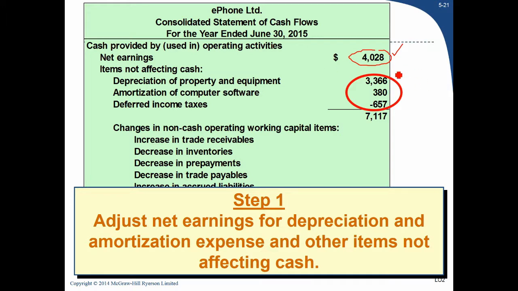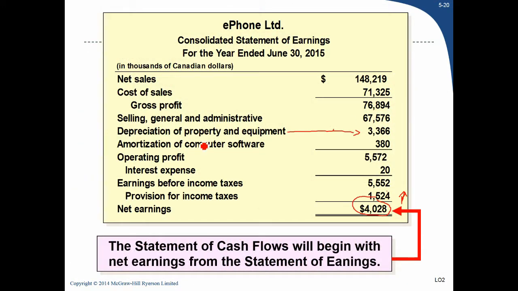Now, if you're wondering where these numbers are coming from, we'll just look back here. We have depreciation and amortization, and these are non-cash expenses. So we're trying to say, okay, if we didn't book these expenses, let's assume every other transaction occurred in cash. Let's say this net sales means we actually received $148 million in cash from our customers.